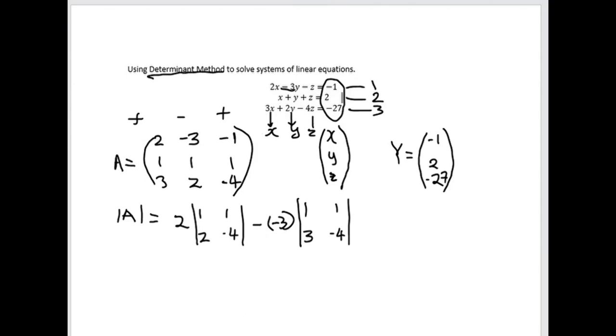Over to minus 1 now, but this time there's a plus in front of it. So I have plus minus 1. I'll delete all these and these. So I'm left with 1, 1, 3, 2.